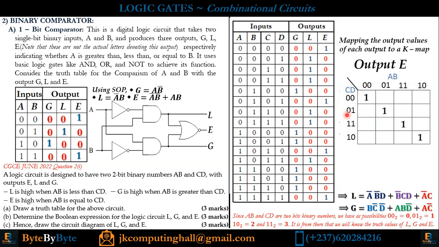Now, remember that the tradition gives us a rule we cannot apply. Which rule is that? We cannot group the ones diagonally. Also, there is no way for us to group these particular values in a rectangle, be it vertical or horizontal, because the only way this can be grouped is diagonally.